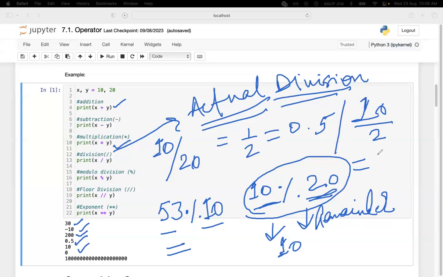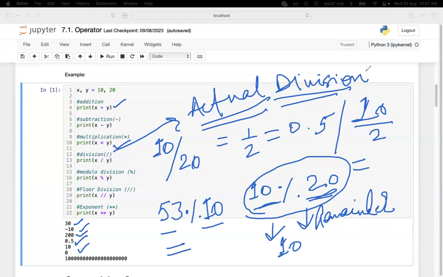So what will be the remainder? 5. How 5? Will you please tell me what is the remainder?